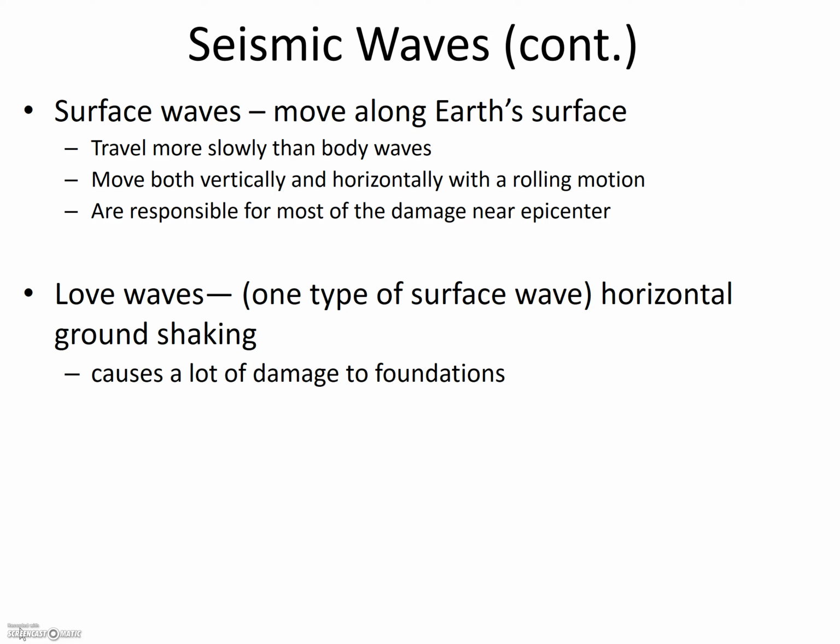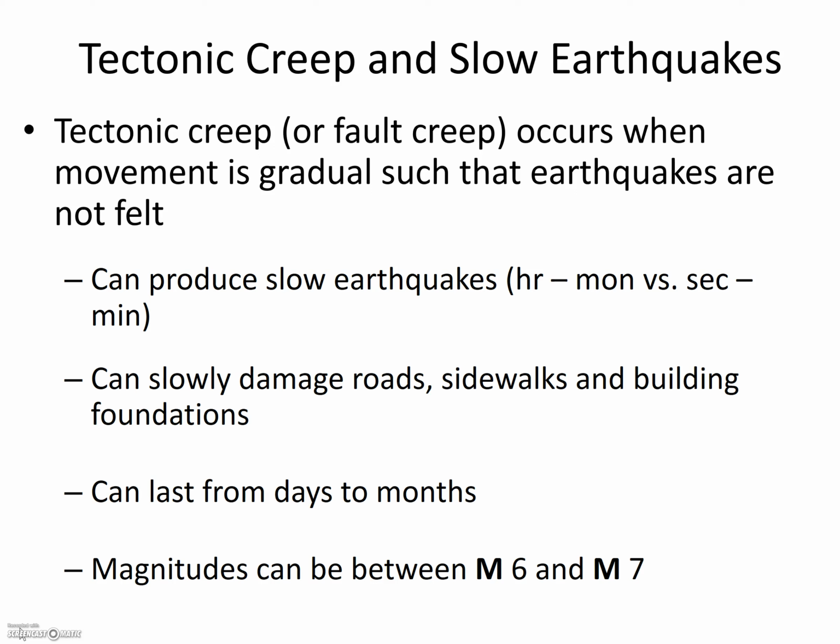Not all earthquakes happen all at once. There are slow earthquakes where the strain never seems to build up big enough for a large all-at-once type earthquake. This is also known as tectonic creep. Tectonic creep, or fault creep, occurs when movement is gradual, such that earthquakes are not felt.